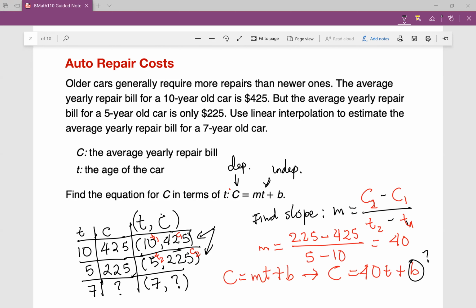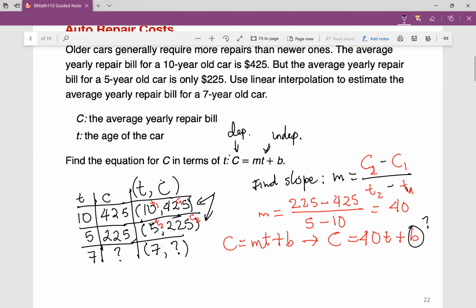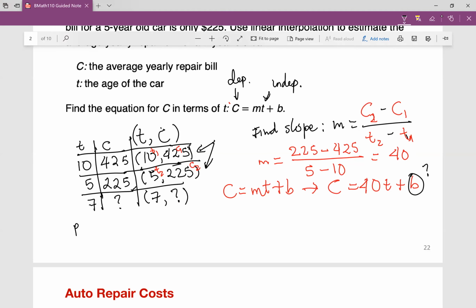So I'm gonna say, let me move up a little bit. Plug point.